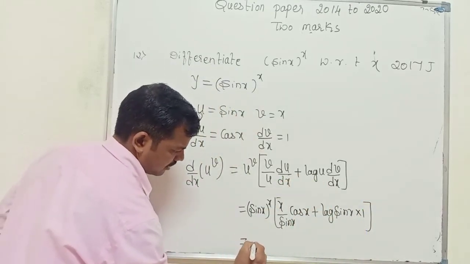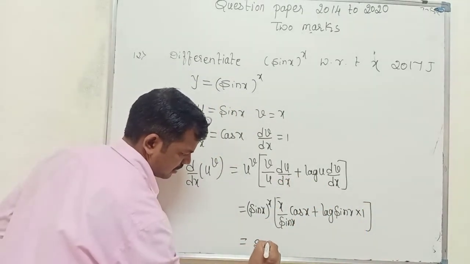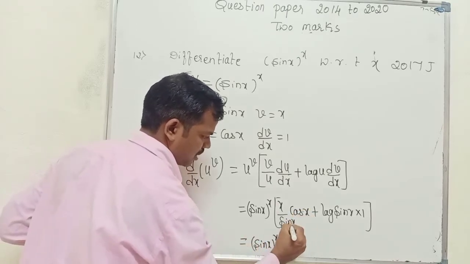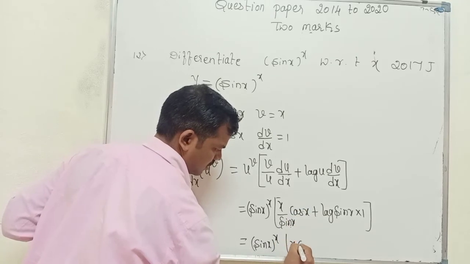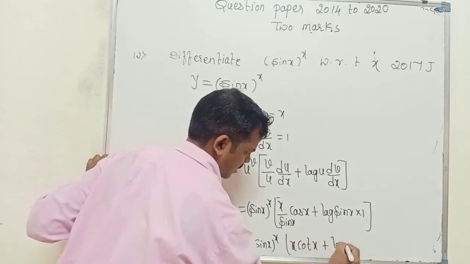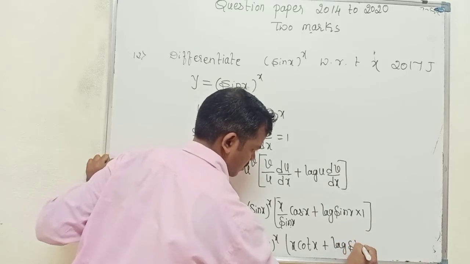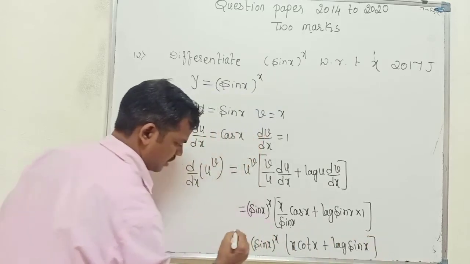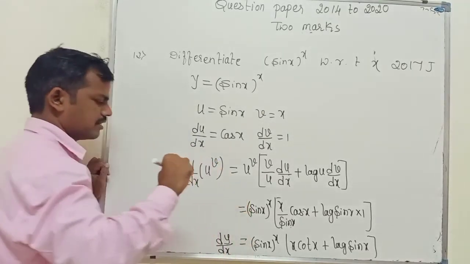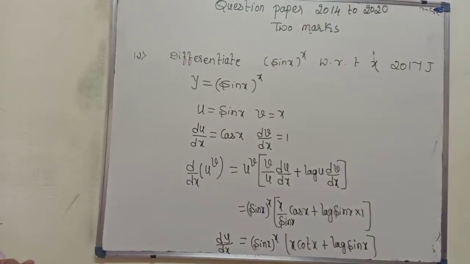So we can write dy by dx is sin x raised to x into cos x by sin x, that is cot x, plus log sin x. So this completes the dy by dx and the problem.